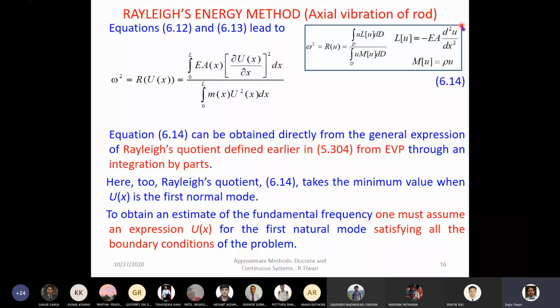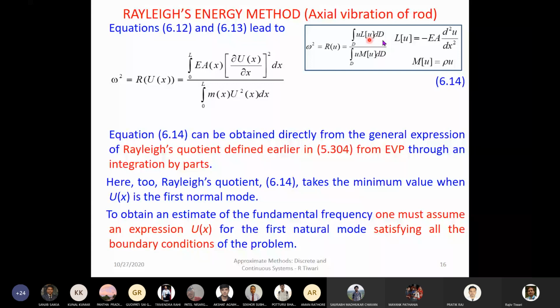But in the energy form, we have single differentiation with respect to x. So this is the main difference in the Rayleigh's quotient when we use the eigenvalue problem formulation and when we use the energy.